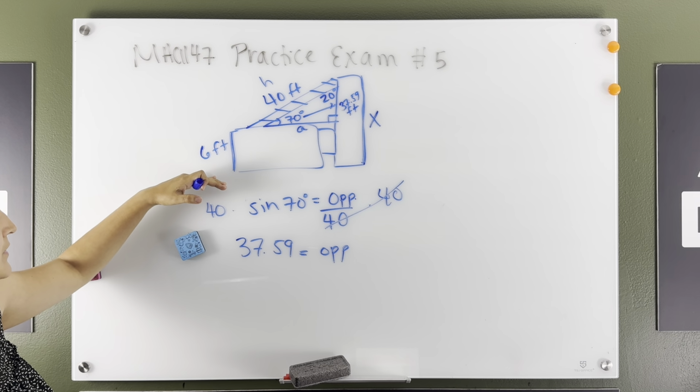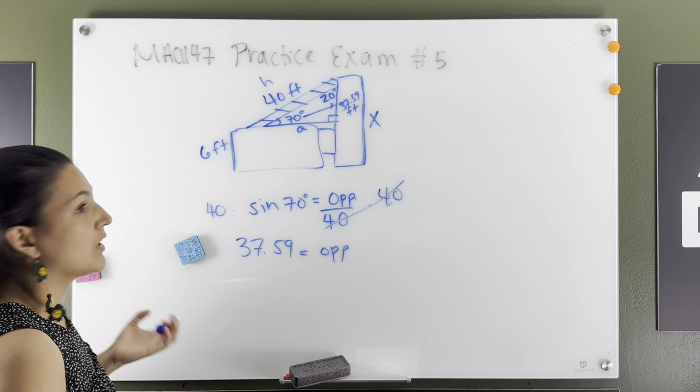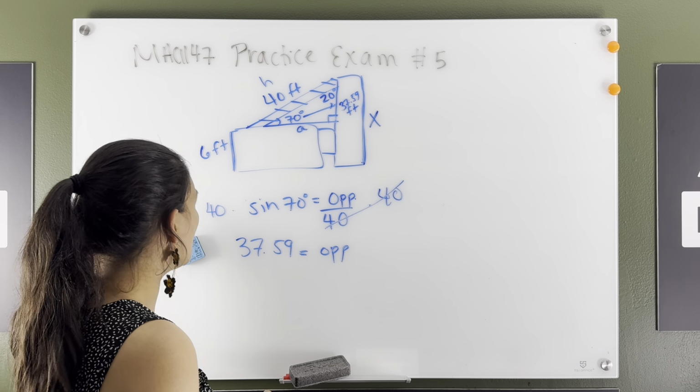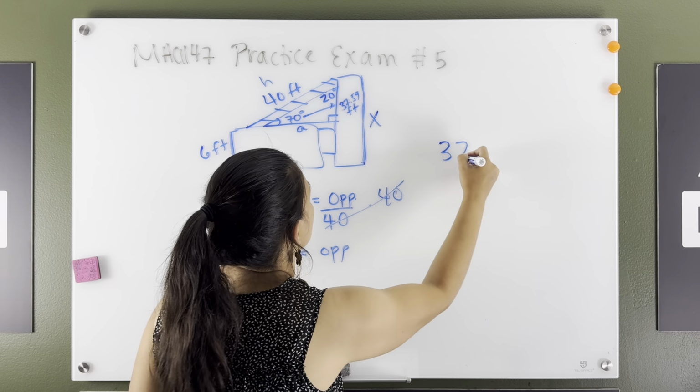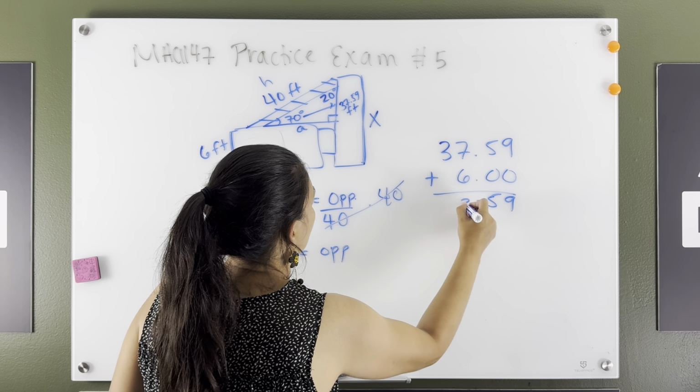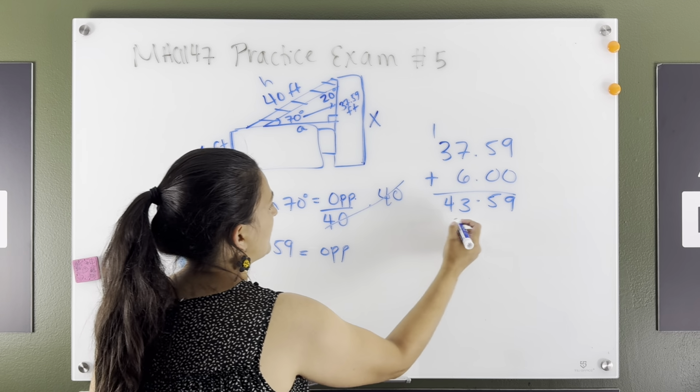So we need to make sure that we add the 6 feet of the truck where the ladder is on top of, right, or connected to. So make sure that you get the 37.59 that you got, and then you add the 6 feet. So it's about 43.59 feet.